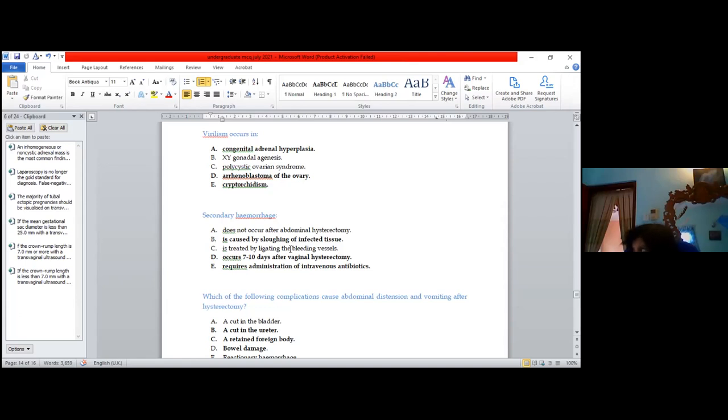If we try to ligate one, the vessels are not visible. Even putting deep mattress sutures is not possible because they will cut through the tissues with bleeding.